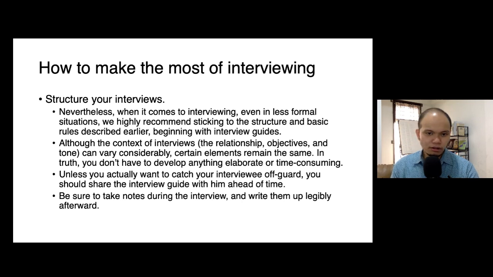Although the context of interviews can vary considerably, certain elements remain the same. Structure, certain rules of etiquette, perhaps. In truth, you don't have to develop anything elaborate or time-consuming.